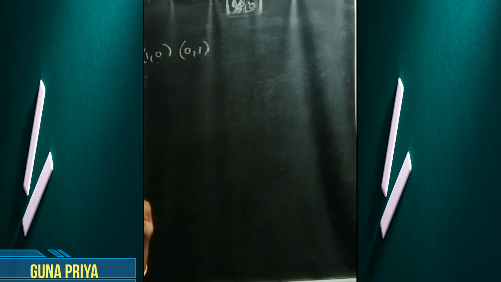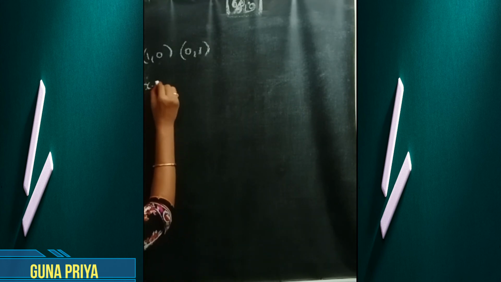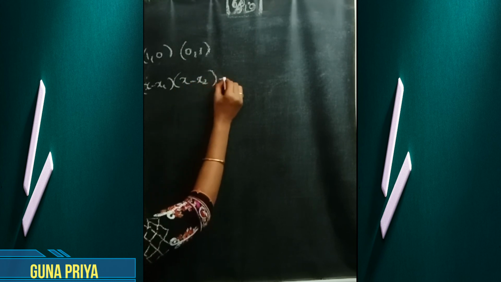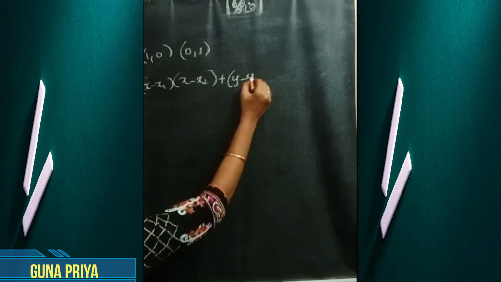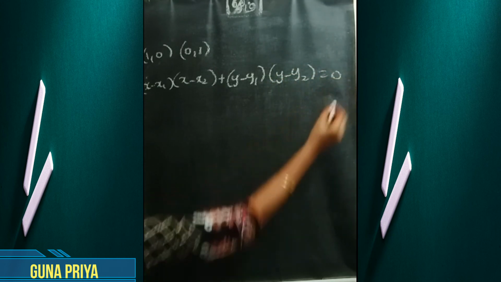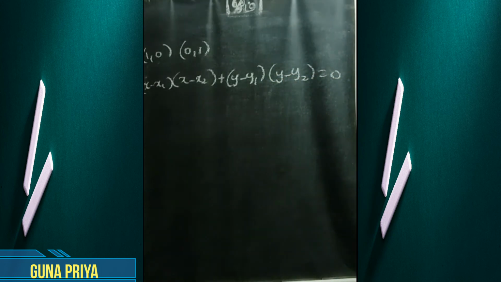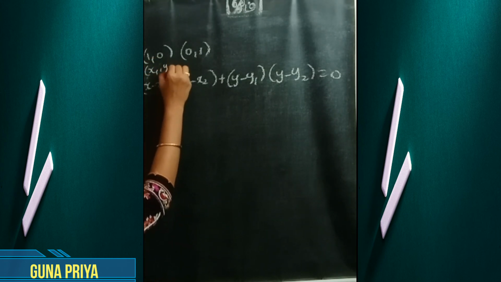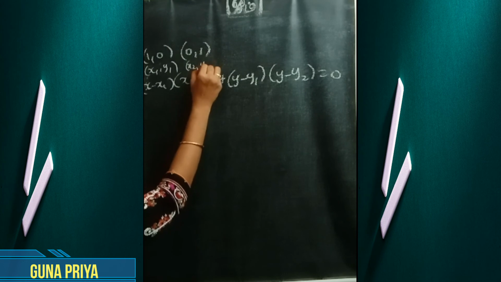Already, I have said an equation in the before sections, that is (x minus x1)(x minus x2) plus (y minus y1)(y minus y2) equals 0. Okay, now we have to substitute. Let these be x1 comma y1 and x2 comma y2.